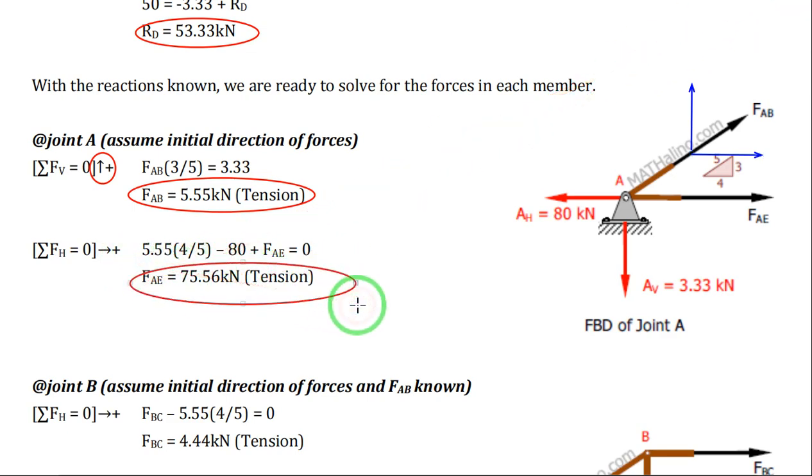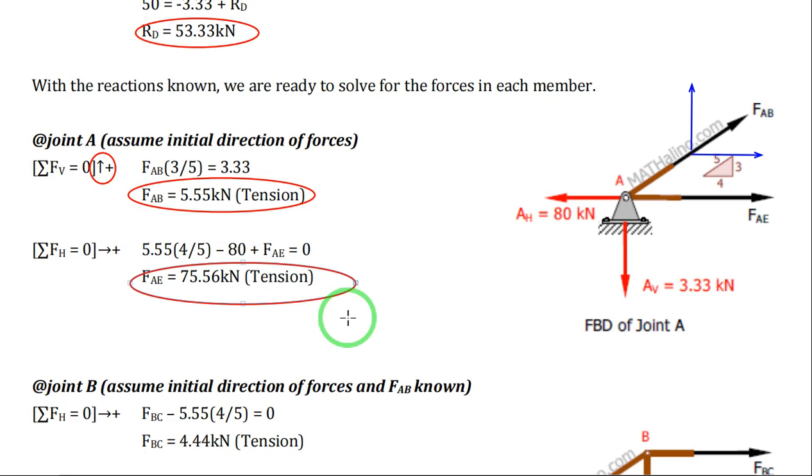Now, if ever you have arrived at a negative answer, your answer is not wrong, but rather your assumption of the initial direction of your force is wrong, but the answer should be correct.